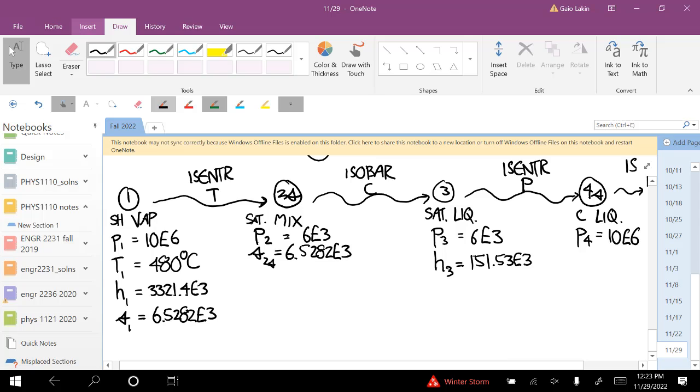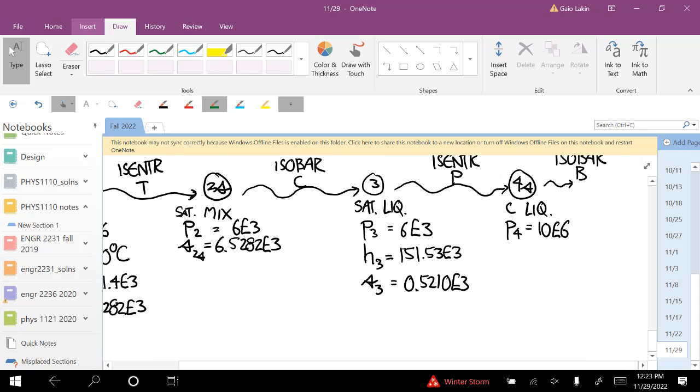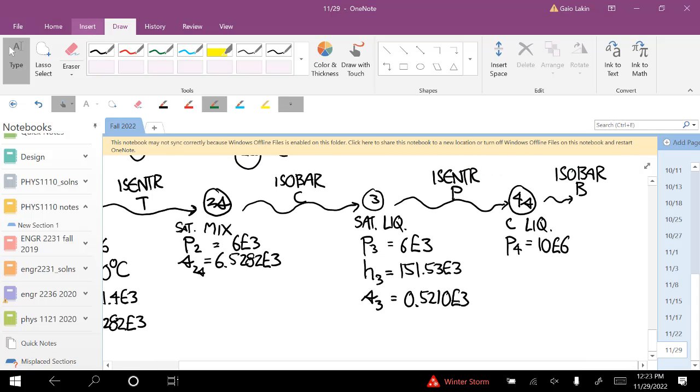And we can also look up S3, which is 0.5210 times 10 to the 3rd. Since this pump is isentropic, that's also S4, although I'm going to go a different way, but you could do sort of a reverse lookup now for this compressed liquid because we have two properties if you wanted to do it out of the table.